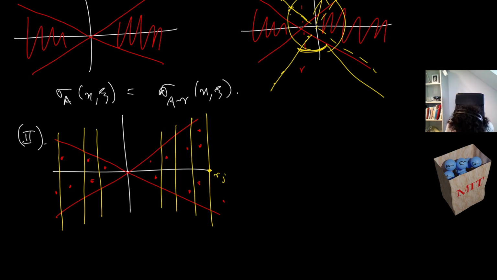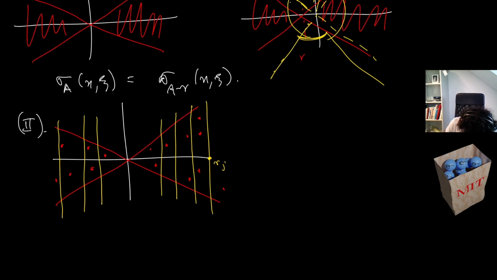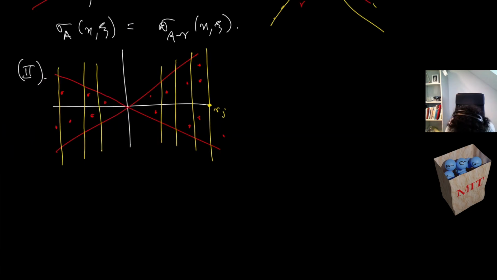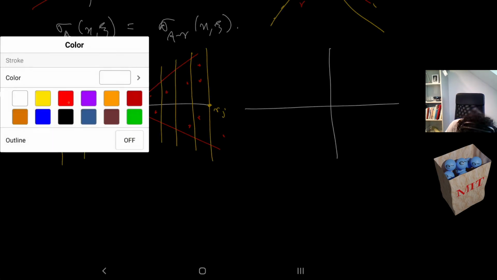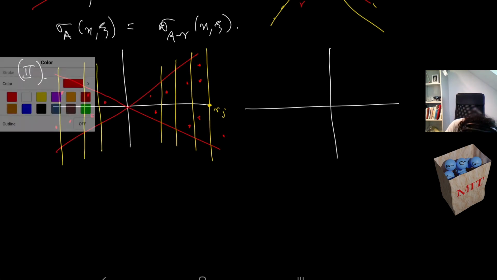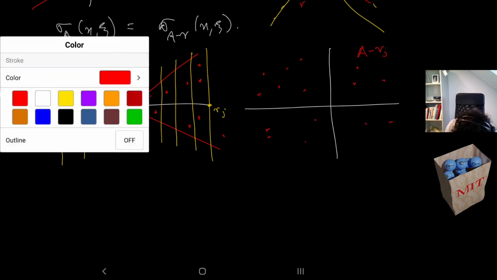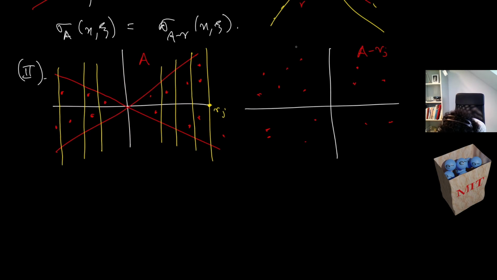So now what happens if we subtract one of these points Rj? What does it look like? This is the operator A, and this is A minus Rj. So we have an operator maybe here with spectrum like this, and of course the point is that now the angle might have to increase.